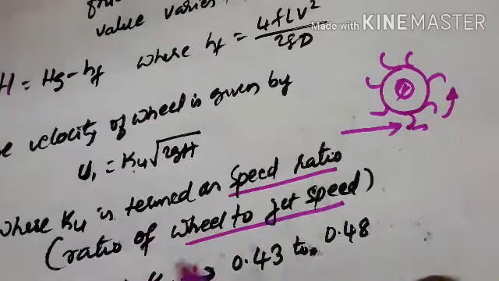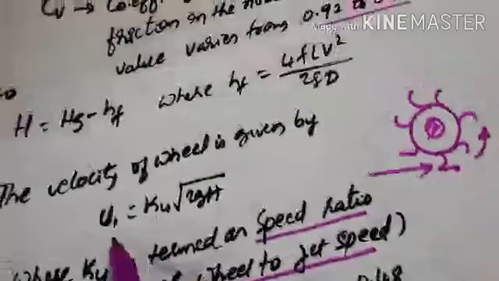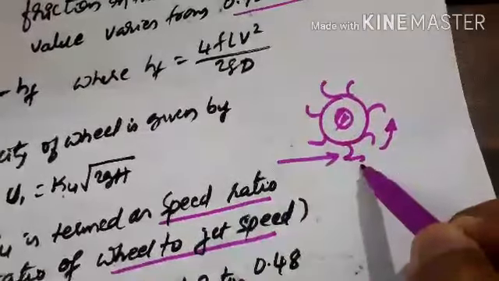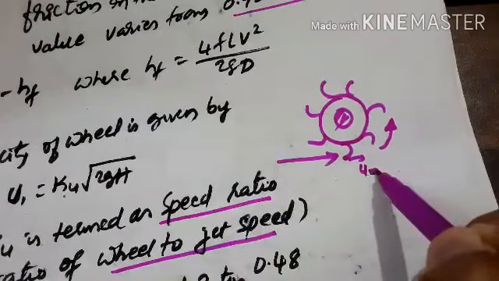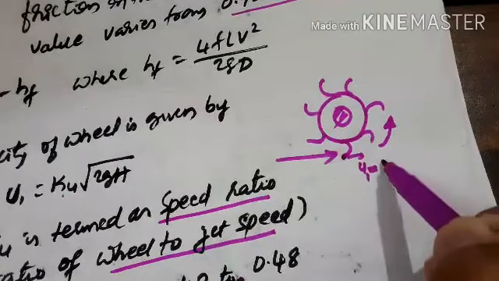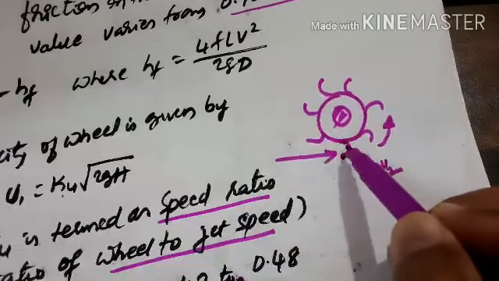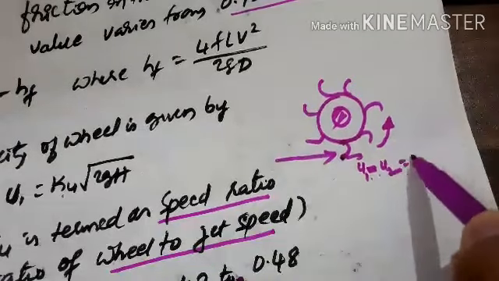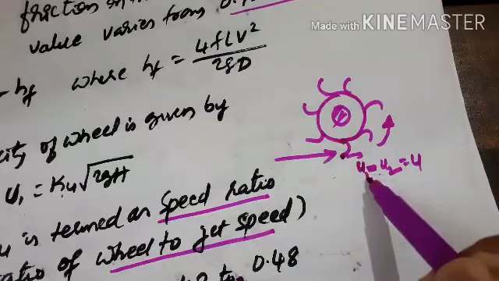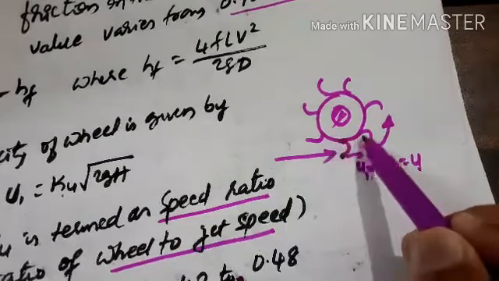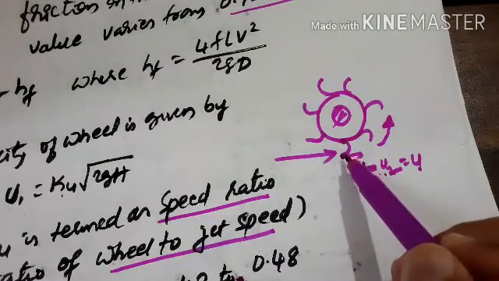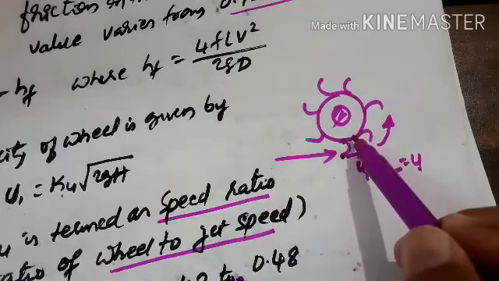As this vane moves in this direction, u1 represents the velocity of the vane at the inlet tip, and u2 the velocity of the vane at the outlet tip. u1 equals u2 equals u, which is nothing but the velocity of the wheel, because the force is being transferred from the bucket to the wheel.